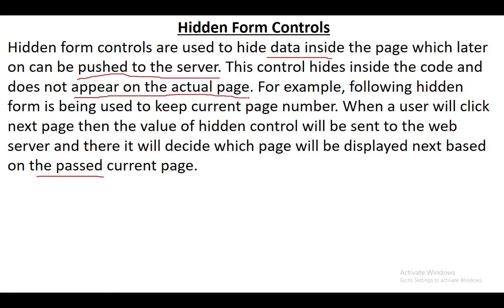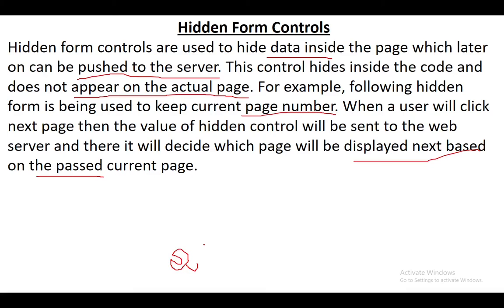For example, the following hidden form is being used to keep the current page number. When a user clicks next page, the value of the hidden control will be sent to the web server, and there it will be decided which page will be displayed next based on the passed current page.